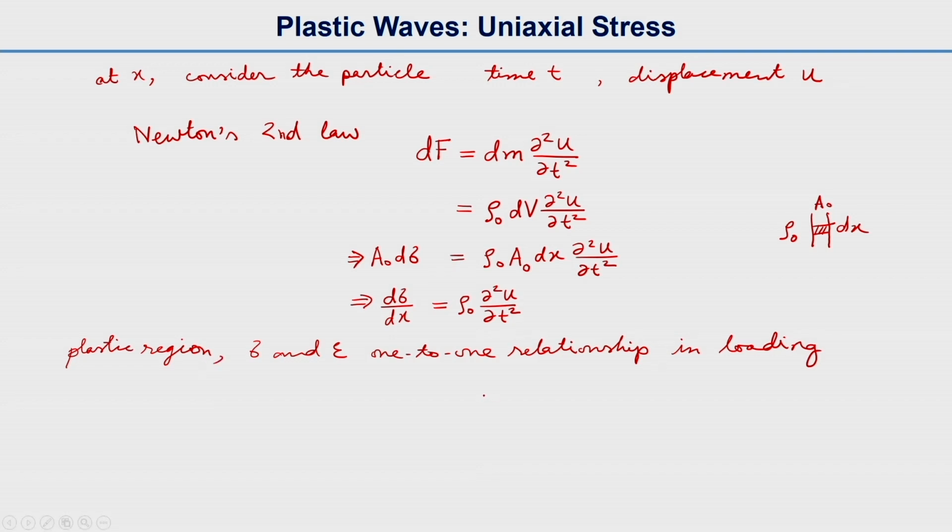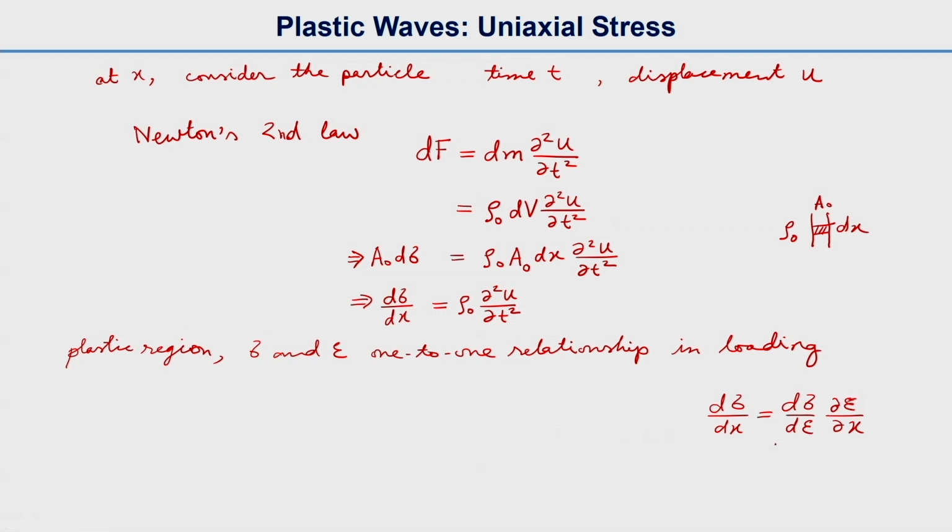For a one-to-one relationship, we can write d sigma by dx is equal to d sigma by d epsilon times the partial of strain with respect to x. We are writing d, not partial derivative, because it is a one-to-one relationship, while strain is a multivariable function.